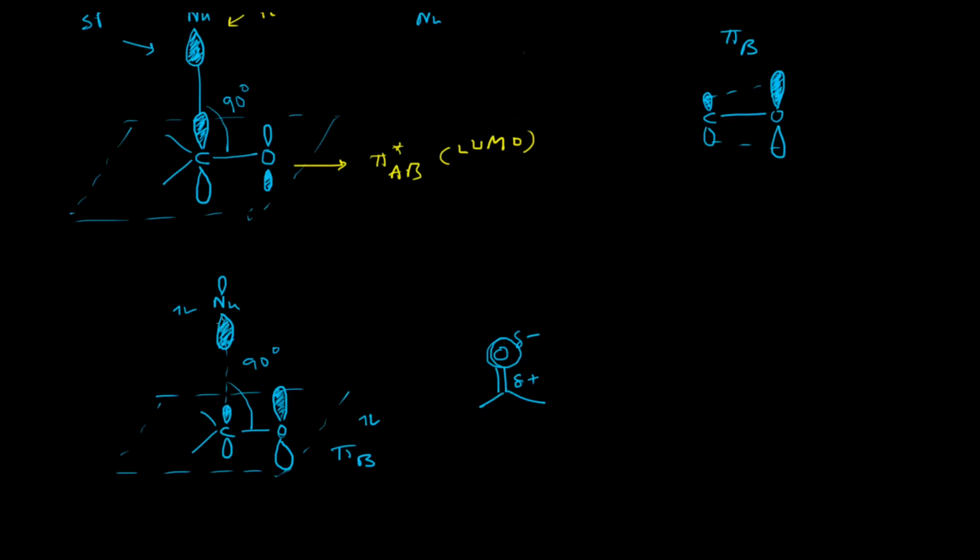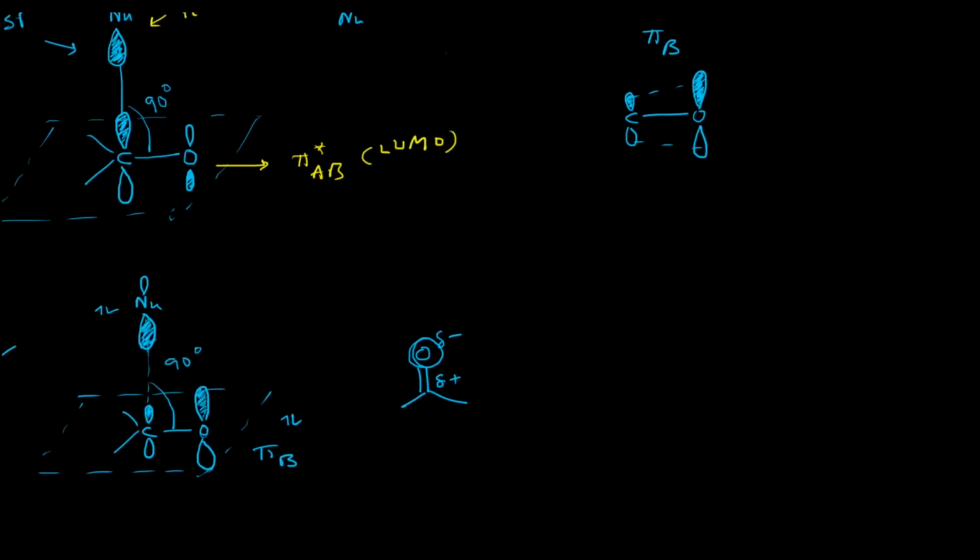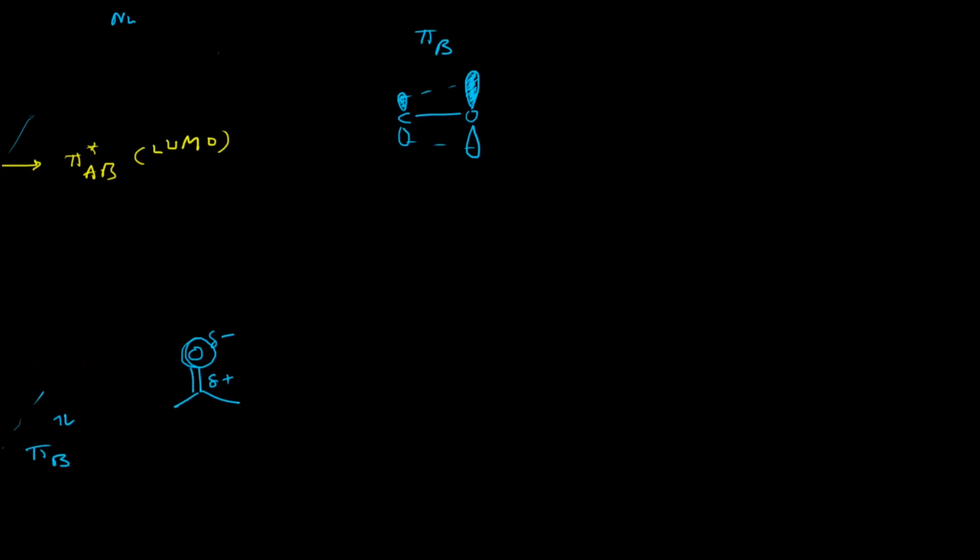That's why this nucleophile will not prefer a 90 degree approach; rather it will prefer another direction like this, where the repulsion between this nucleophile and this oxygen center will be minimum. Combining both these effects, the new trajectory for the nucleophile towards a carbonyl functional group will look like this.